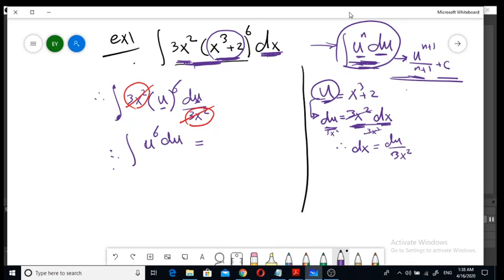This is going to be u power 7 over the new power, which is 7, plus c. And then don't forget, we replace u again by x cubed plus 2. So it will be x cubed plus 2 power 7 over 7 plus c, and this is the final answer.